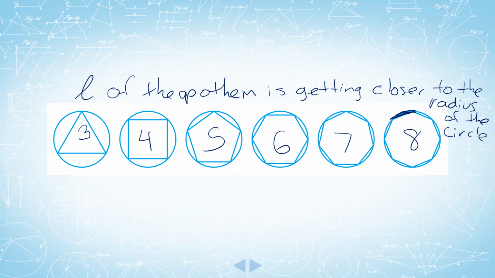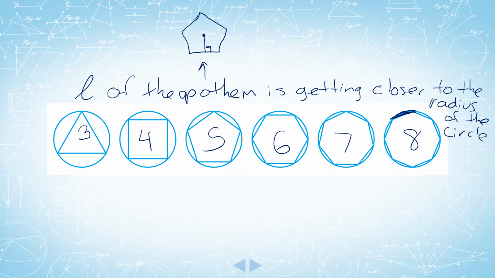By way of review, remember the apothem on a regular polygon. Assume that I sketched a regular polygon. The apothem is the distance from the center of the shape to the side, where it makes a 90 degree angle.